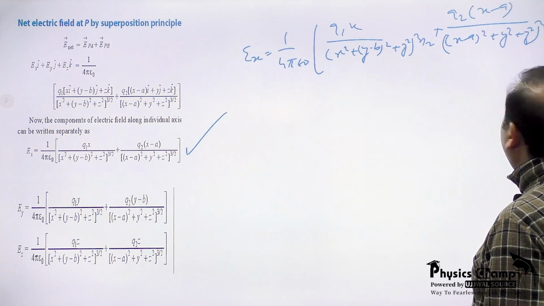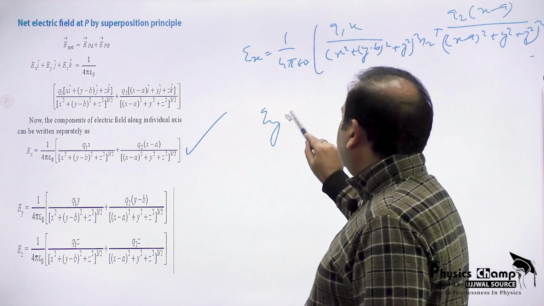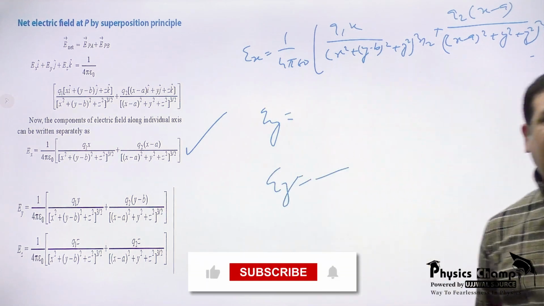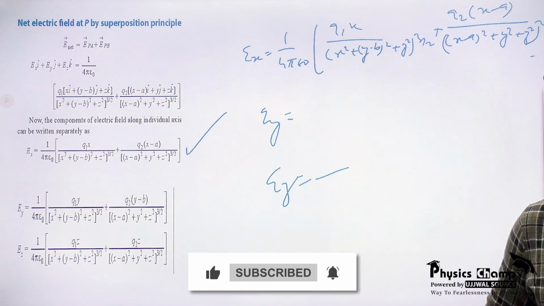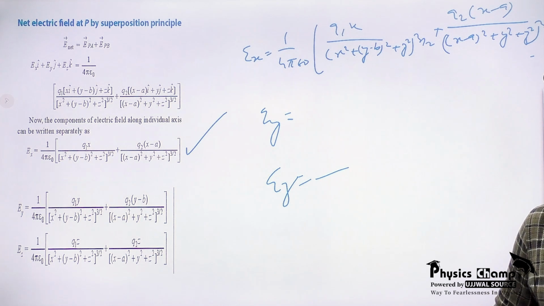Similarly Ey and similarly Ez. So this practice is given to you, that in case you are given the values in terms of i, j and k, how to find the resultant vector.